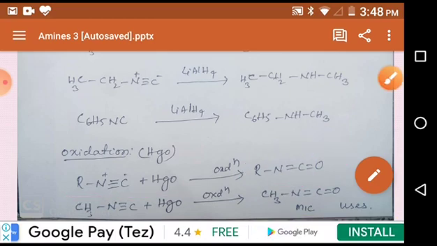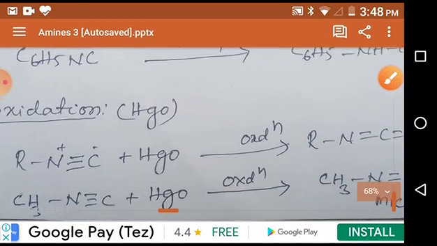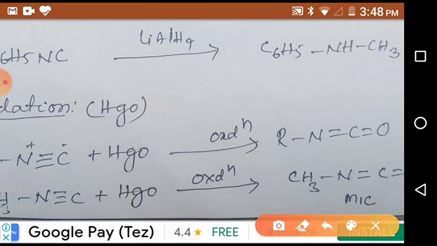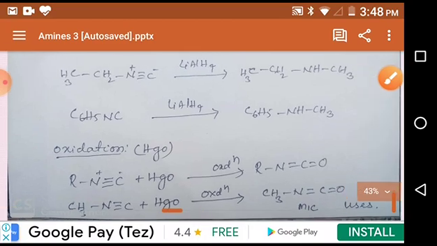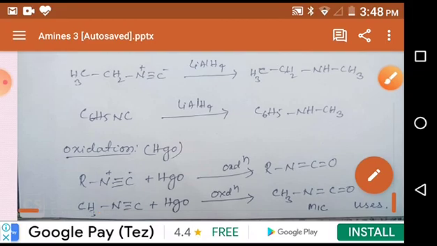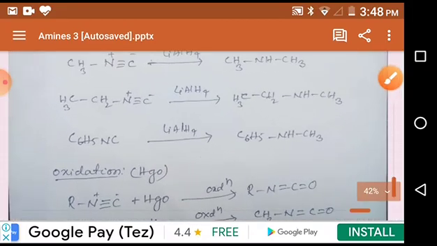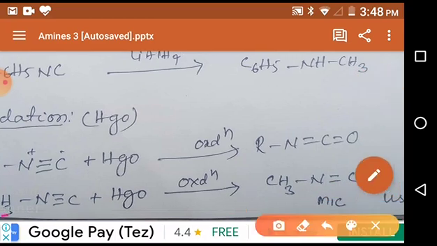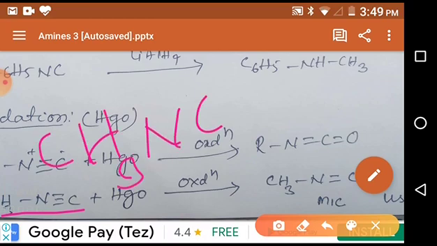For example, observe carefully, this is methyl isocyanide, CH3NC. This methyl isocyanide on oxidation reaction with nitric oxide gives, you see, methyl isocyanate.